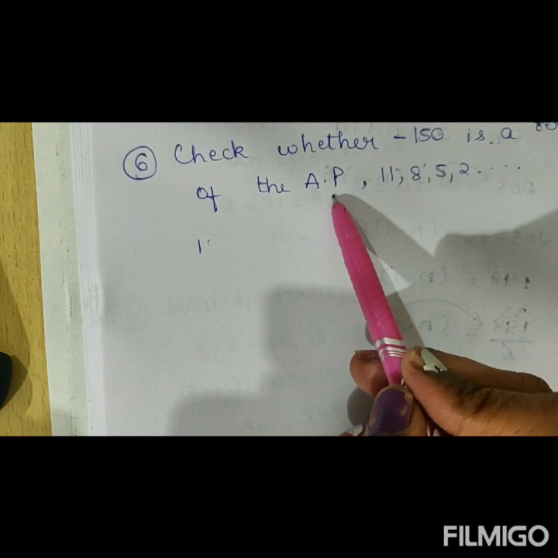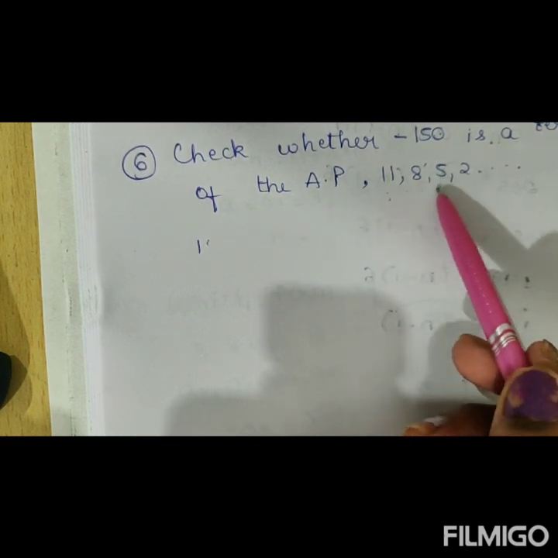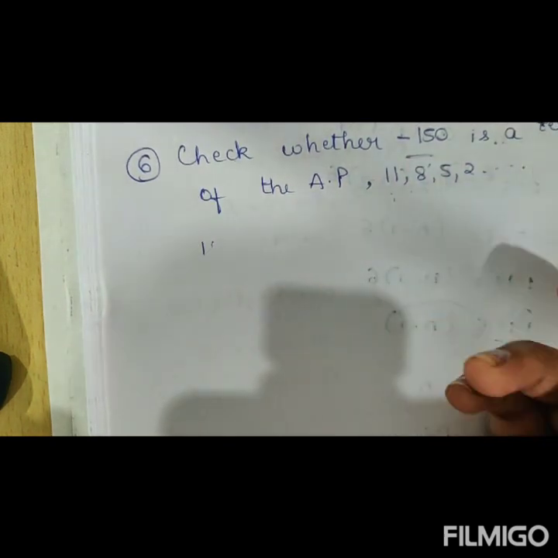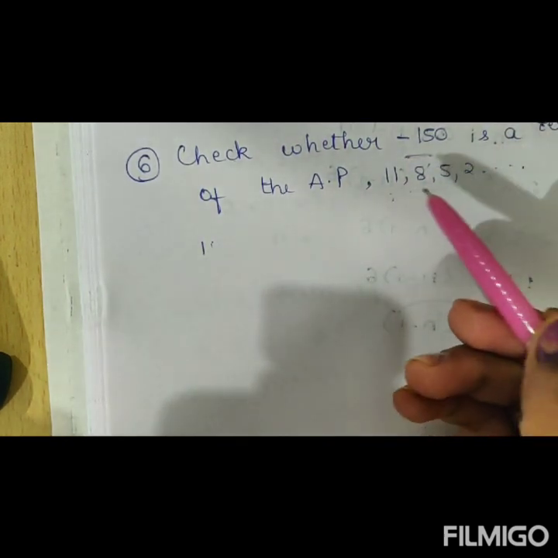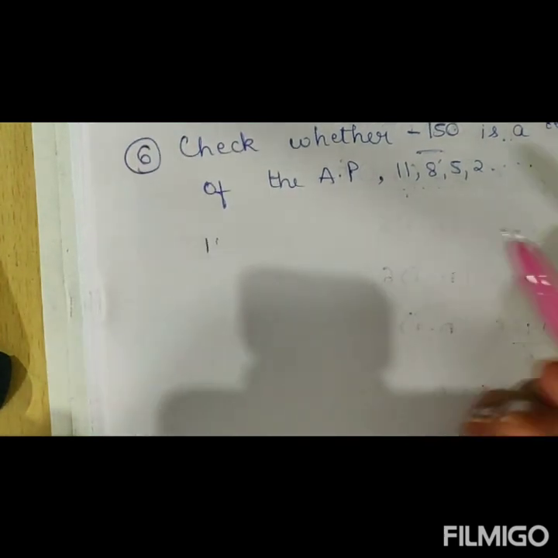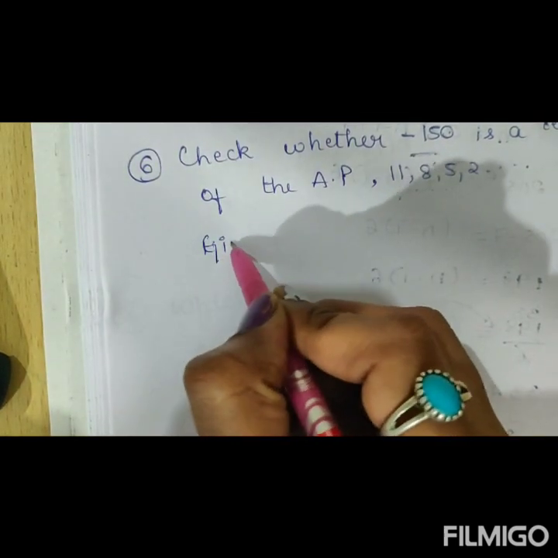In the next question they have given: check whether minus 150 is a term of the arithmetic progression series, that's 11, 8, 5 and 2. So we have to find out whether minus 150 is in the given series, whether it is coming in any term. So let's write the given first.